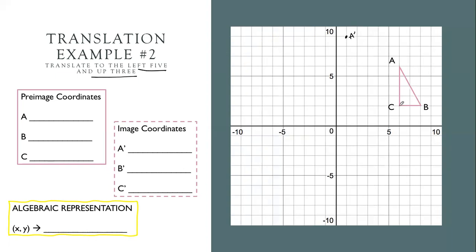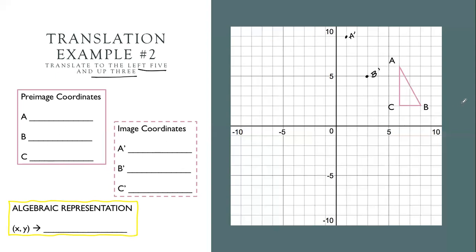All right, so do the rest of them. So I'm going to take B to the left 5, 1, 2, 3, 4, 5, and up 3. 1, 2, 3. There's B prime.